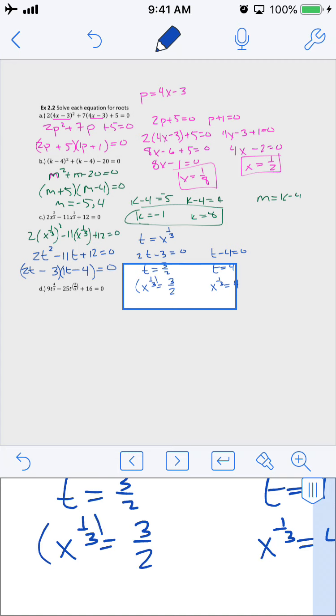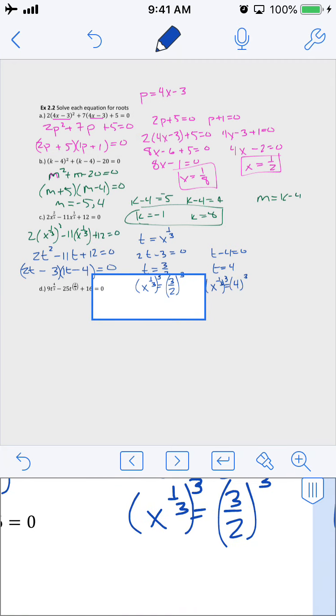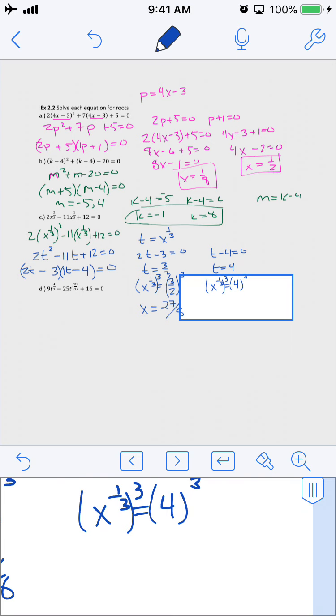And so the opposite would be cubing. Another way to look at it, 3 times 1/3 would make x equal 1. So I cube both sides. Sorry, I'm doing them both at the same time for some reason. And I get x is equal to 27 over 8, or x is equal to 64.